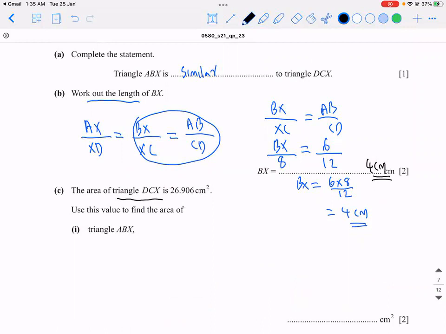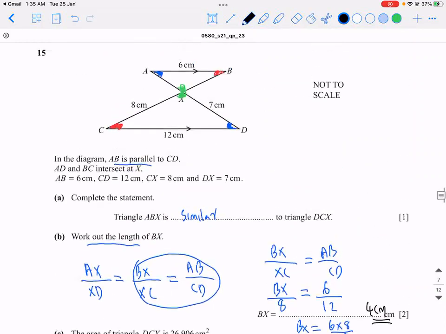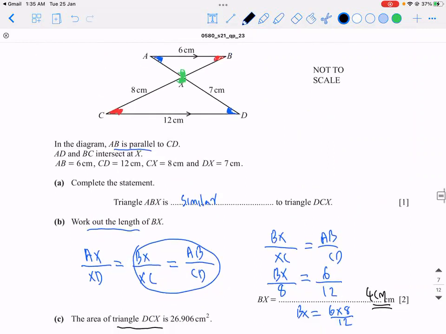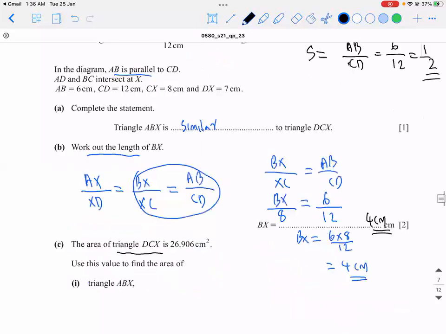So tell me, what is the scale factor for this? How to find the scale factor? The scale factor is AB over CD, so that means 6 over 12. Scale factor is 1 by 2.